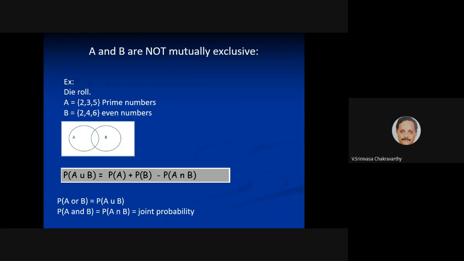So there is some overlap; they are not mutually exclusive. I can depict the 2 sets like this, A and B with some overlap, the intersection. Then the probability of A or B occurring, A union B, is given by P(A) plus P(B) minus P(A intersection B). That is A and B occurring, and this probability is also called joint probability.